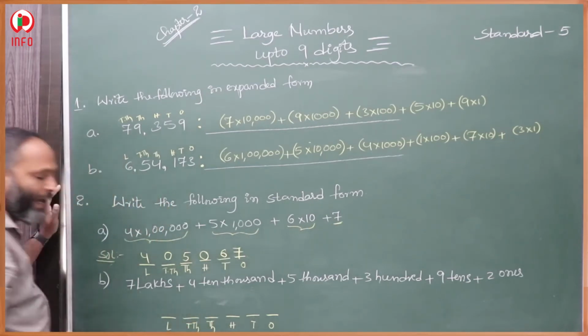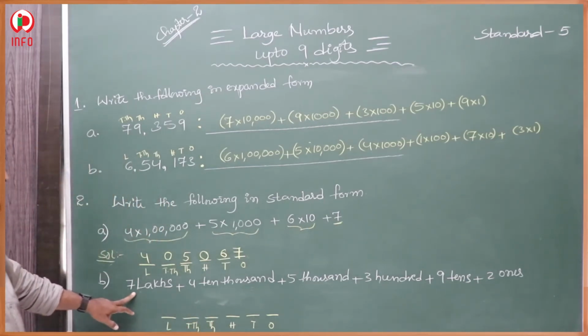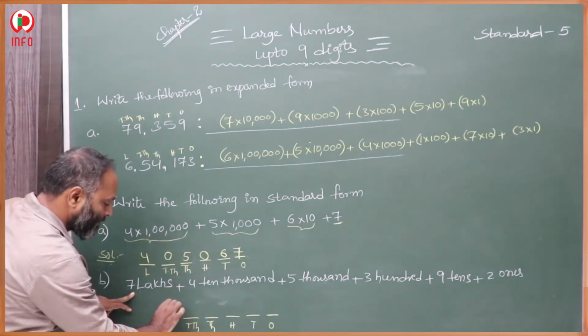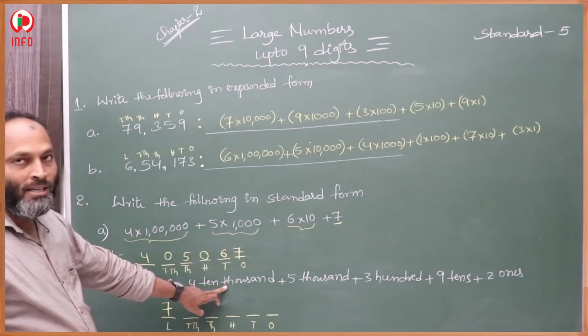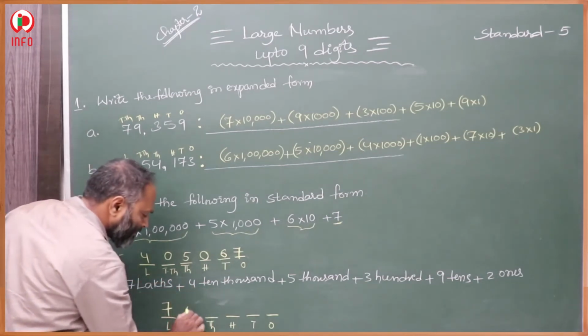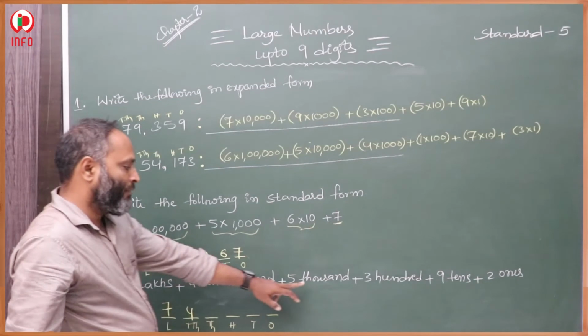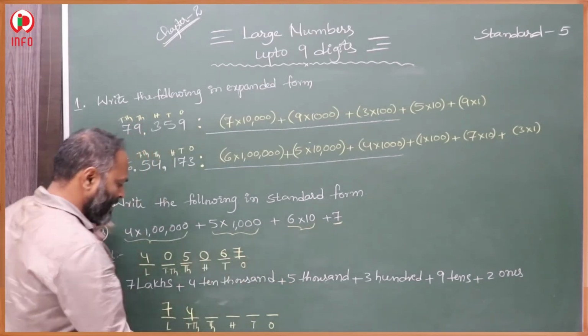This is lakhs. 7 lakhs means 7 in the place of lakhs. 4 10,000s means 4 in the 10,000 place, and 5,000 means 5 in the place of 1,000.